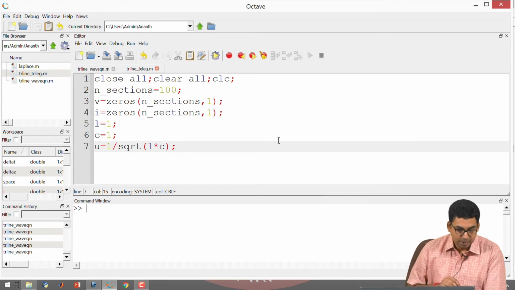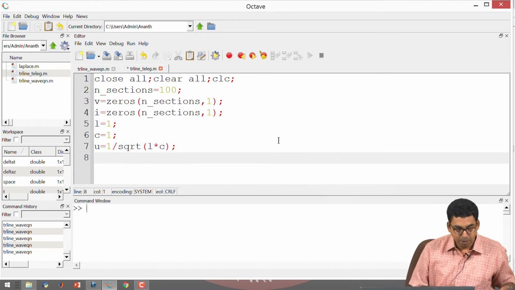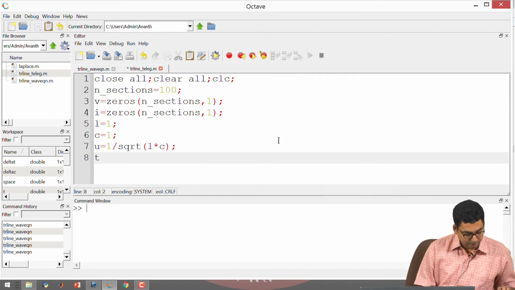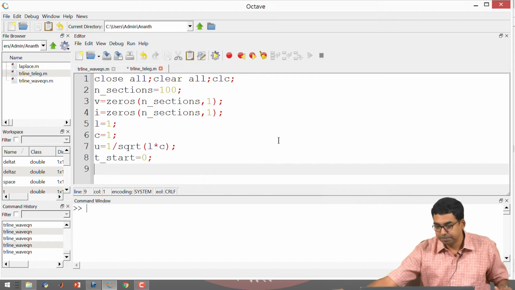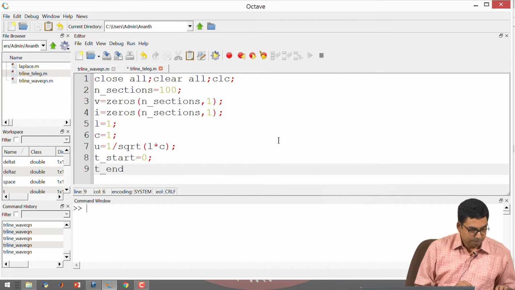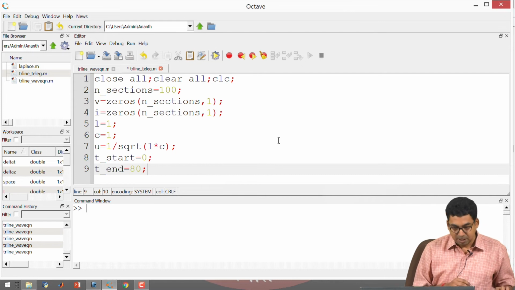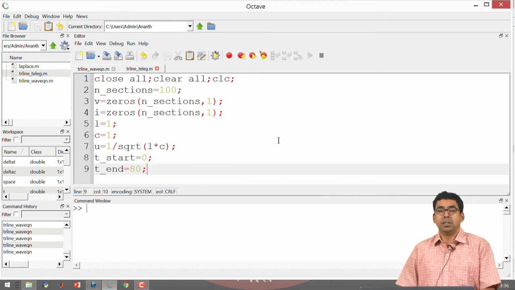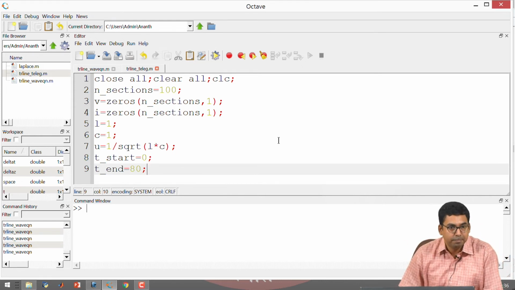I also have to specify a few more things. I want to start at time t equal to 0, and I want to finish at, say, 80 future time steps.